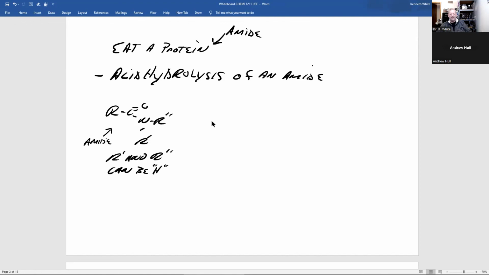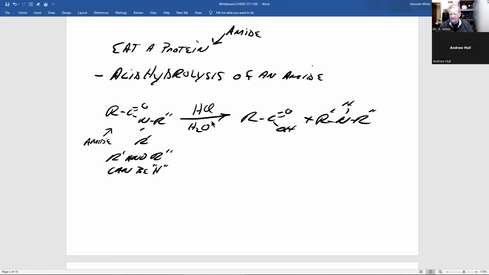And the general reaction: amide, acid, and you're in your stomach, I'll call it HCl, which it is, and water, you get back the carboxylic acid plus the amine salt of the amine you would have used to make that amide.